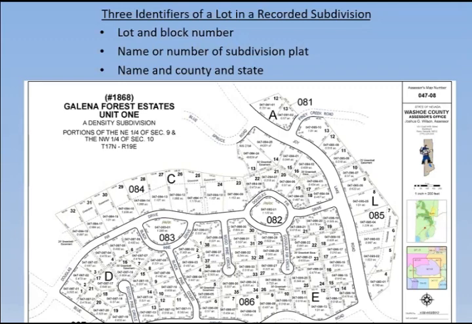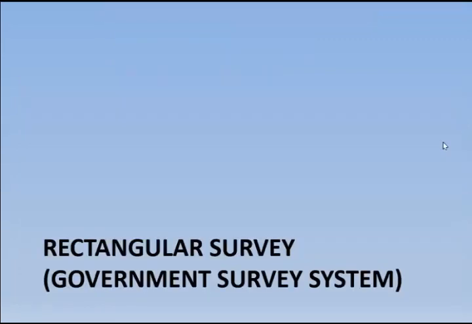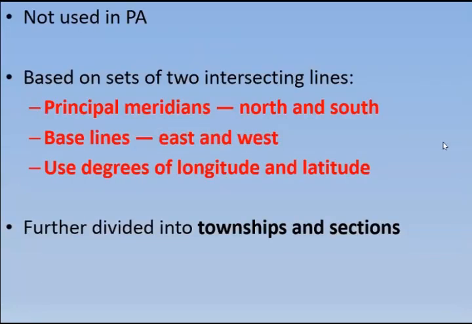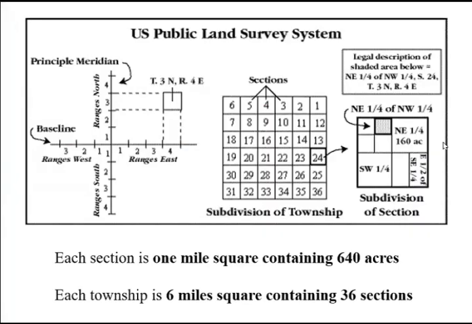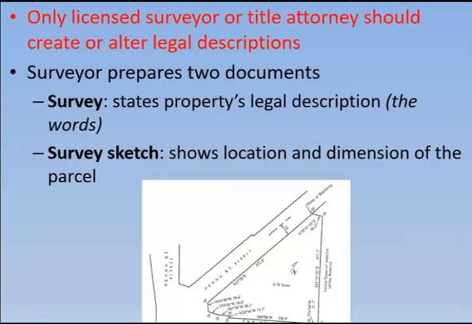The survey states the property's legal description. The survey sketch shows the location and dimensions of the parcel. When a survey also shows the location, size, and shape of buildings on the lot, it is referred to as a spot survey. Figure 4.3.